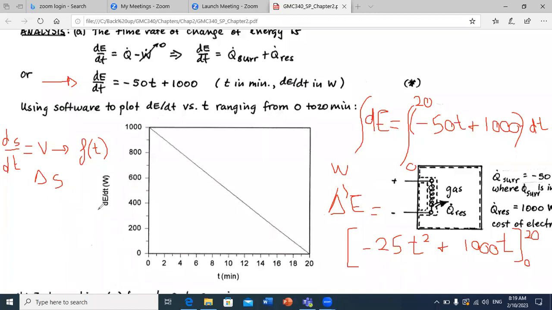Same concept here, okay? Here you have dE by dt function of time. So you can say that the area under this line will correspond to the variation in energy, okay? And since it's a triangle, you can easily calculate the area.